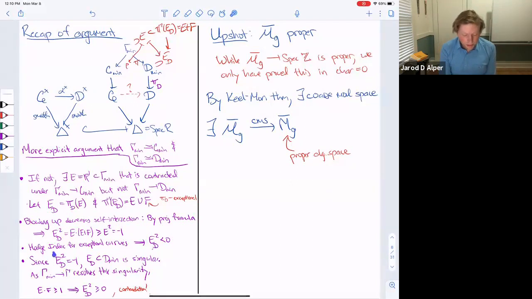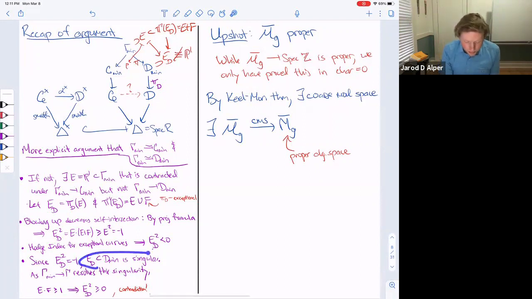So this already tells you that it had better be -1. So it's a -1 curve, but we know this is a minimal resolution, and that this map does not contract any smooth rational -1 curves. What that tells you is that this exceptional component is not isomorphic to P1.